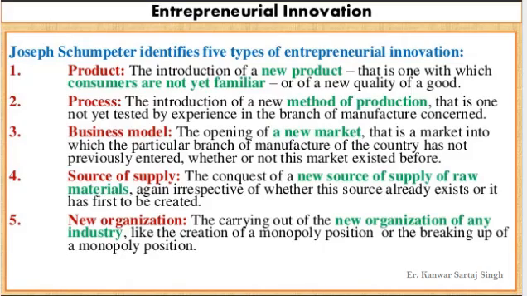Third is business model, the opening of a new market, that is a market into which the particular branch of manufacture of the country has not previously entered. Then source of supply, that means a new source of raw material. Then new organization, that means any kind of industry or new organization which is being developed, like creation of a monopoly position or breaking up of a monopoly position.